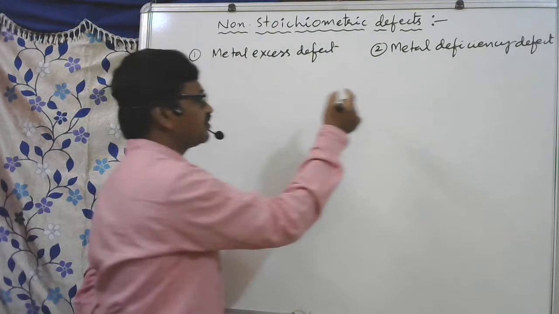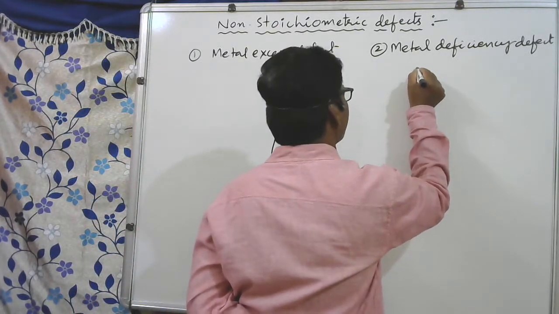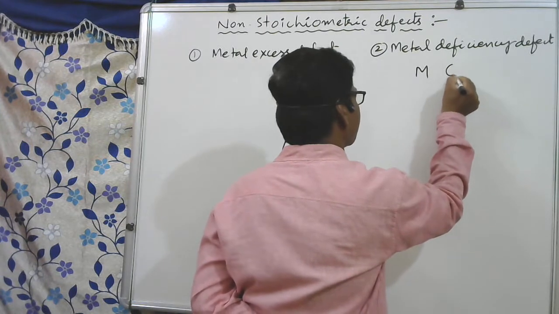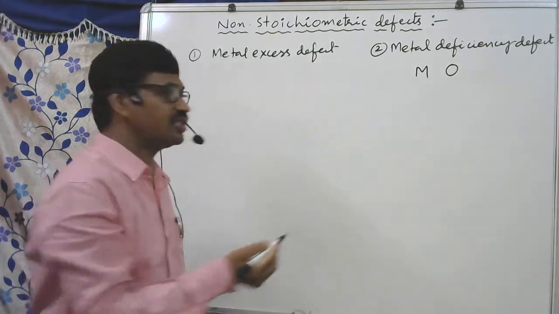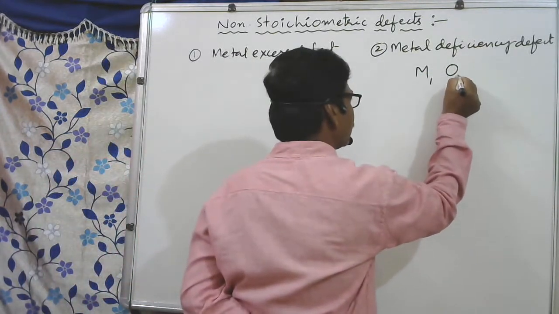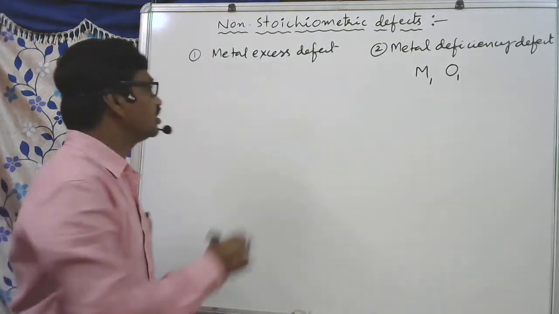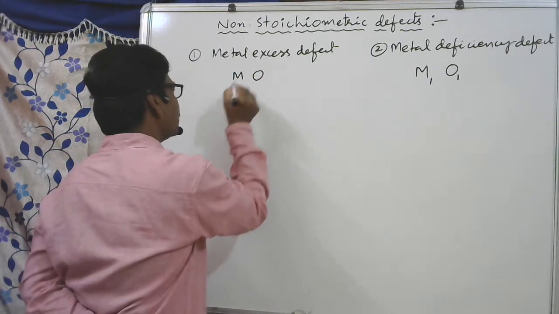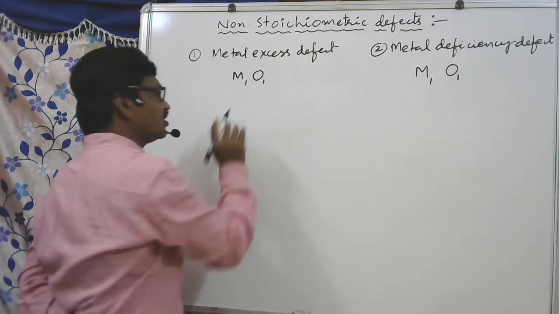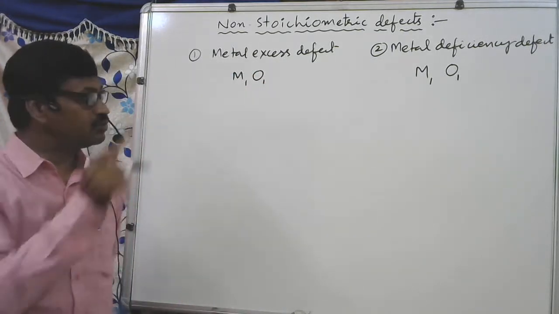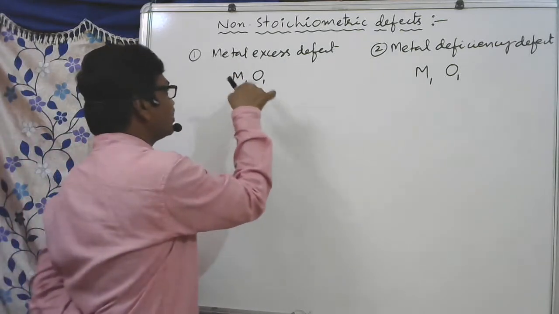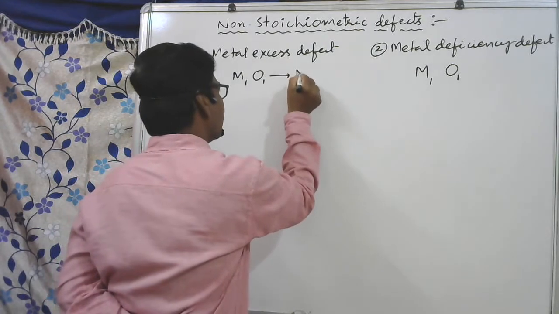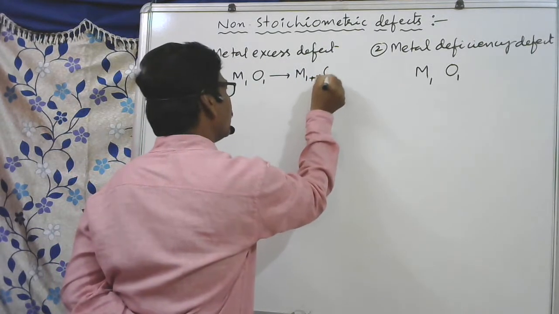In metal deficiency defect, for example, here M is the metal, along with some oxygens. Metal deficiency defect means, for example, M1O1. Here metal excess defect means here also I'm writing M1O1, for example, MO is the formula. This is stoichiometric. Due to this defect, if metal is somewhat excess, we can write it is changed to M1+XO.